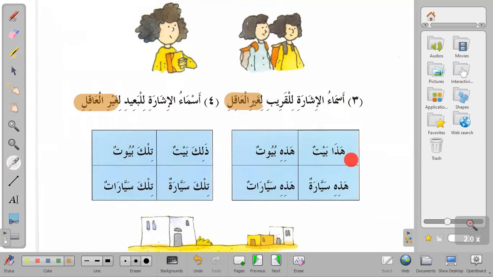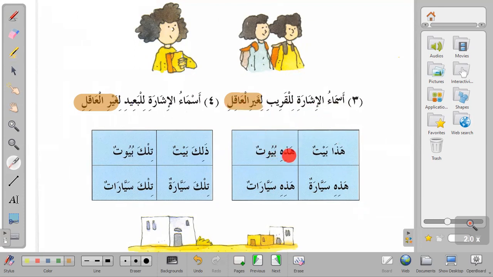So here please observe هذا بيت هذه بيوت، هذه سيارة هذه سيارات. So you see that here buyutun has changed to plural, but the ism ishara hasn't changed. Why? لغير آكل.